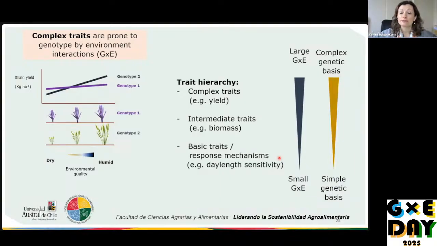We have yield that is quite complex, regulated by many QTLs, and also has a more polygenic basis. And then we have basic traits that are more the response mechanisms, for example, how much a cultivar responds to the day length. Probably only a few genes, so it's more predictable in the sense that it has a less complex genetic basis and less G by E.